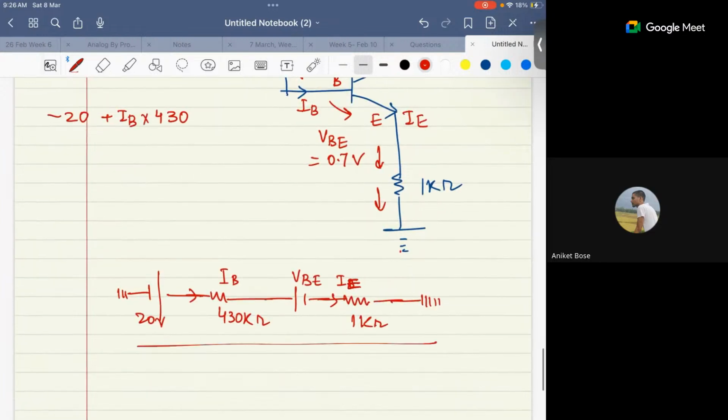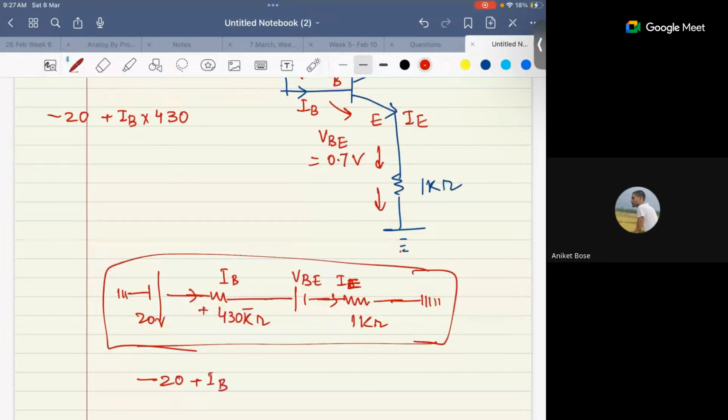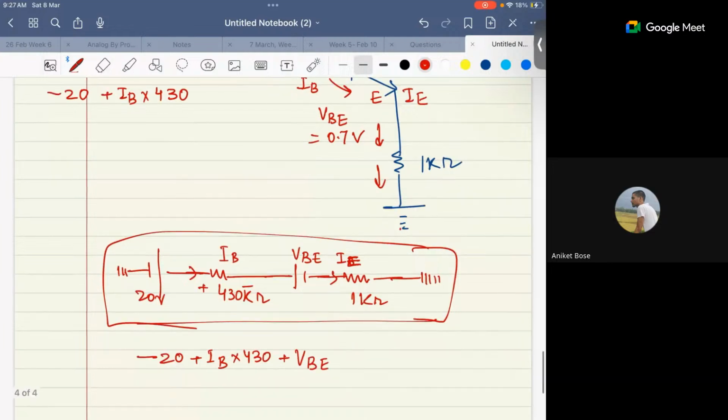How will you write the KVL equation? You will start with minus 20, then plus the drop IB times 430, then again a potential drop VBE, then plus 1 times IE equals 0, correct?